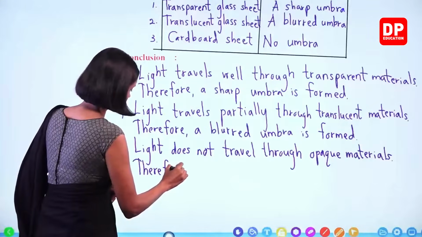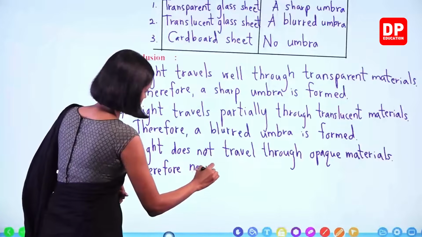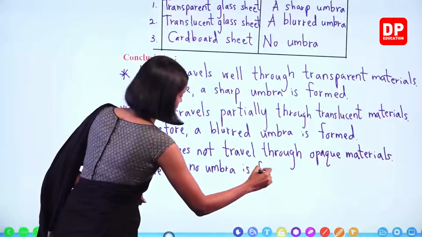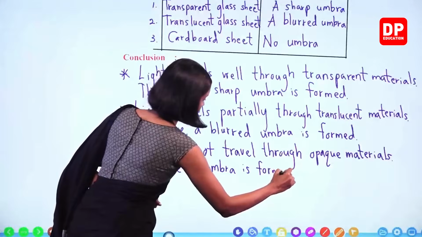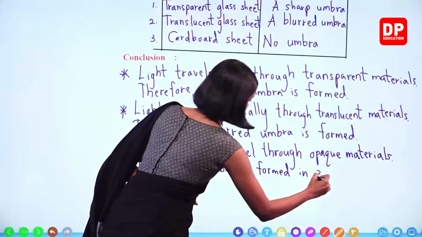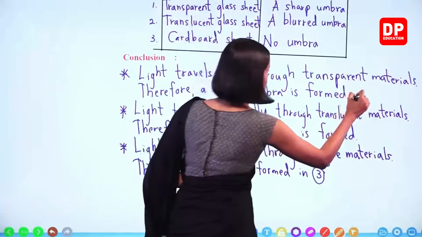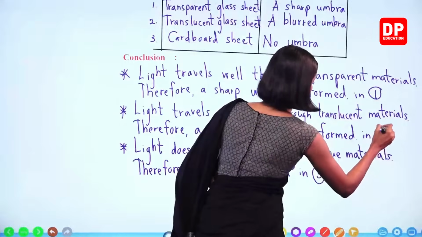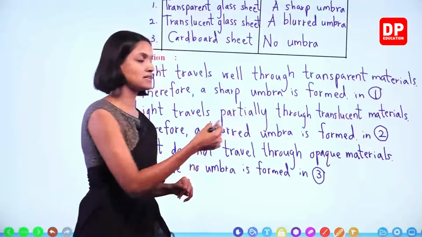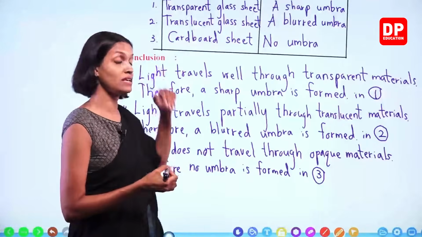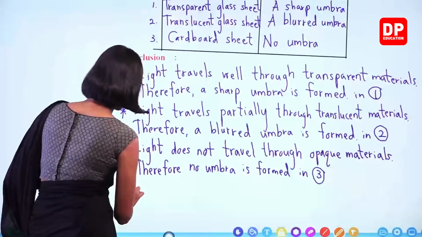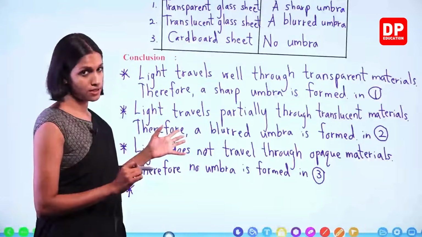Therefore, no umbra is formed in 3. We'll write formed in 1, in 2. First instance, second instance and third instance as we labeled before. So, what is the conclusion then, children?